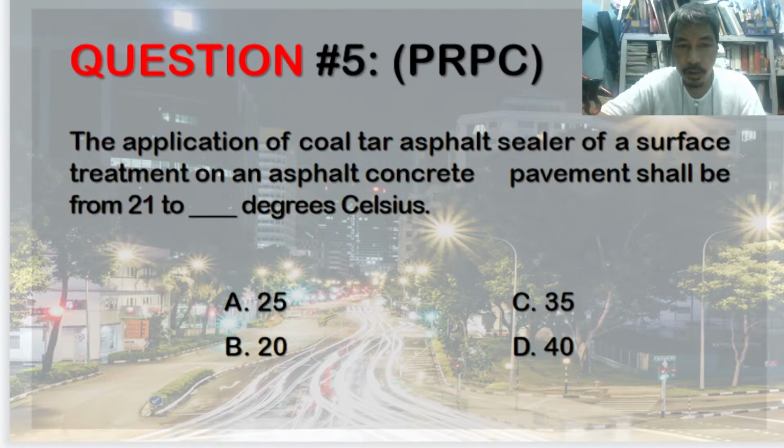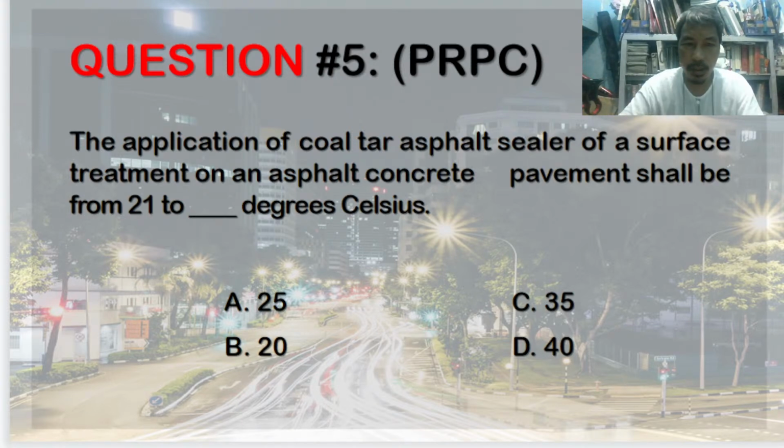Okay. Question number 5. The application of coal tar asphalt sealer of a surface treatment. Surface treatment on asphalt concrete pavement shall be from 21 to blank degrees Celsius.